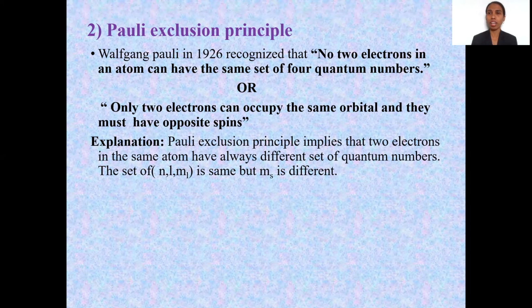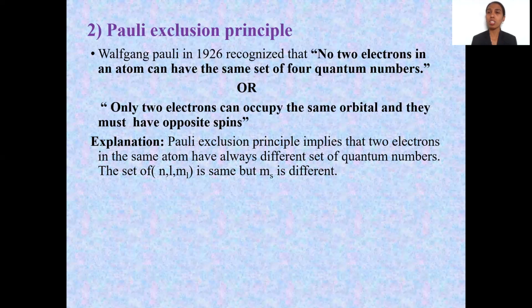That is, the set of n, l, ml is the same but ms is different. म्हणजे जरी तुम्ही एकच ऑर्बिटल कन्सिडर केली त्याच्यामध्ये 2 इलेक्ट्रॉन असतात. आपण हे बघितलेलं आहे की मॅक्झिमम 2 इलेक्ट्रॉन एका ऑर्बिटल मध्ये असतील. मग 2 इलेक्ट्रॉन एकाच ऑर्बिटल मध्ये आहेत तर त्याची n व्हॅल्यू सेम असेल, l व्हॅल्यू सेम असेल, ml व्हॅल्यू सेम असेल. म्हणजे प्रिन्सिपल क्वांटम नंबर, अझिमुथल क्वांटम नंबर आणि मॅग्नेटिक क्वांटम नंबर या तिन्ही व्हॅल्यू सेम असतील.